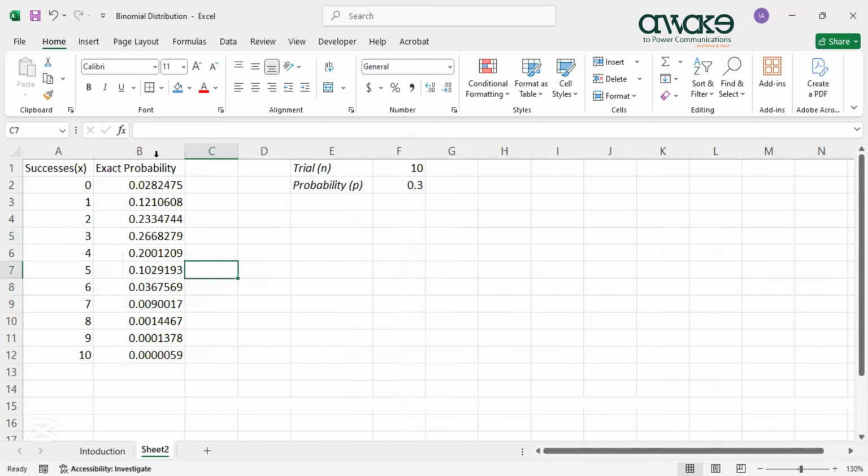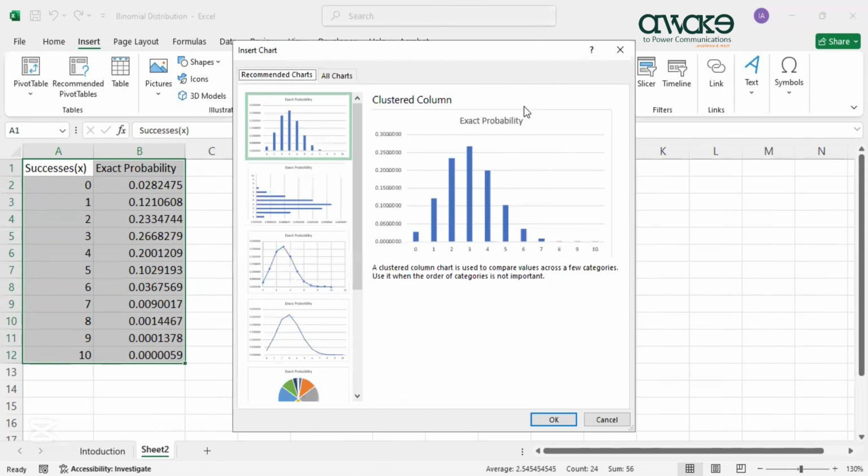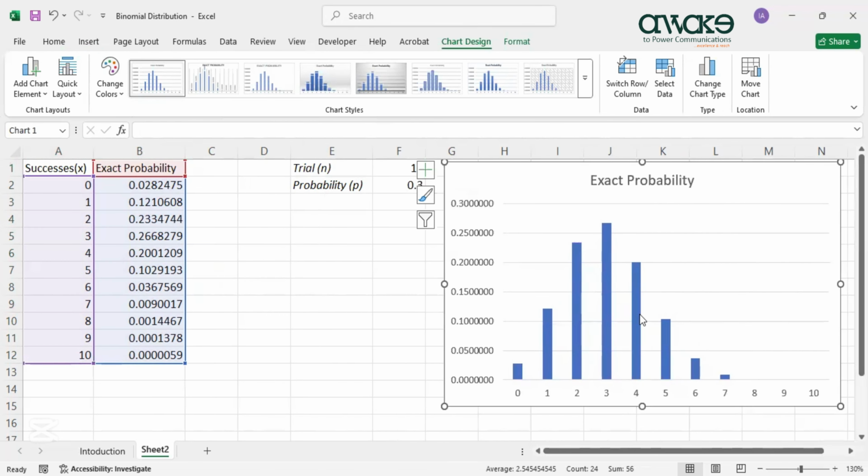So let's visualize this now. We'll visualize by highlighting it all. Let's go to insert, all charts. Let's pick our clustered column chart. This is a visualization of our exact probability.